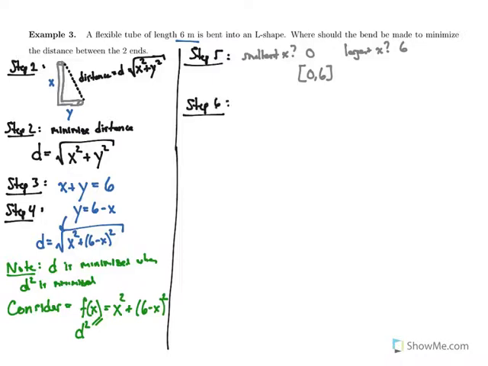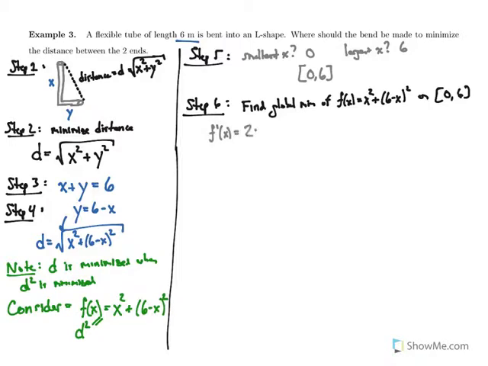So putting everything together, step 6, we're going to find the global min of our function x squared plus (6 minus x) squared on the interval 0 to 6. So let's find our derivative.